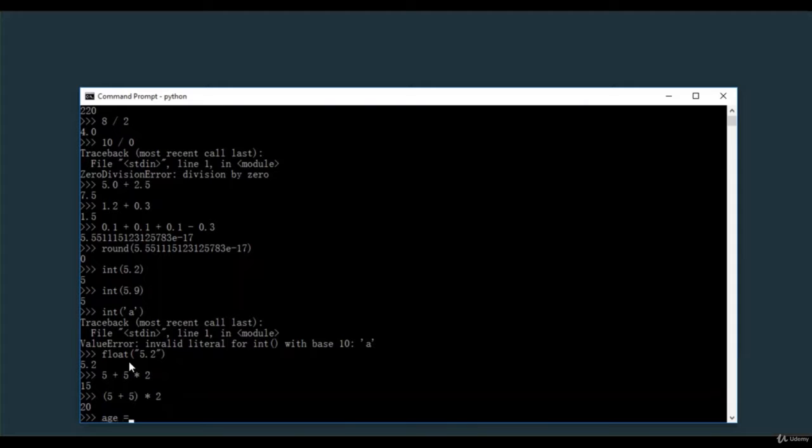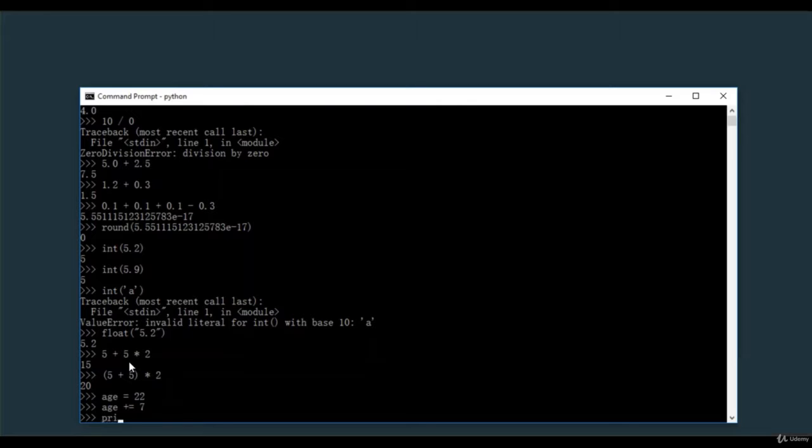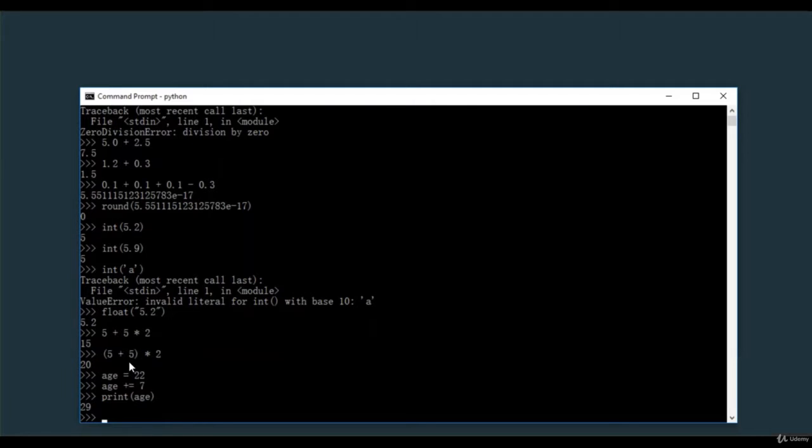Okay, age, for example, is 22. Let's write a variable. I want to increase the age: plus equals 7. Now print it. Oh, yes, 29.